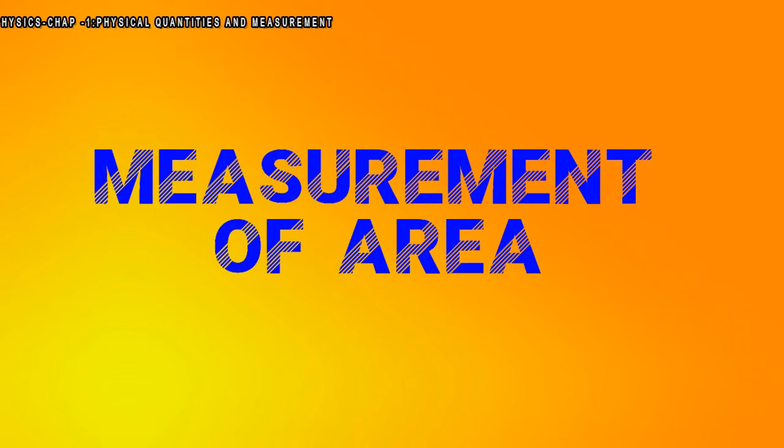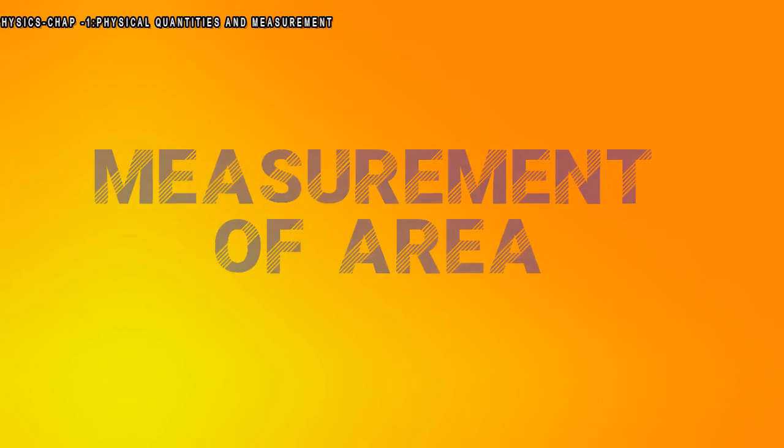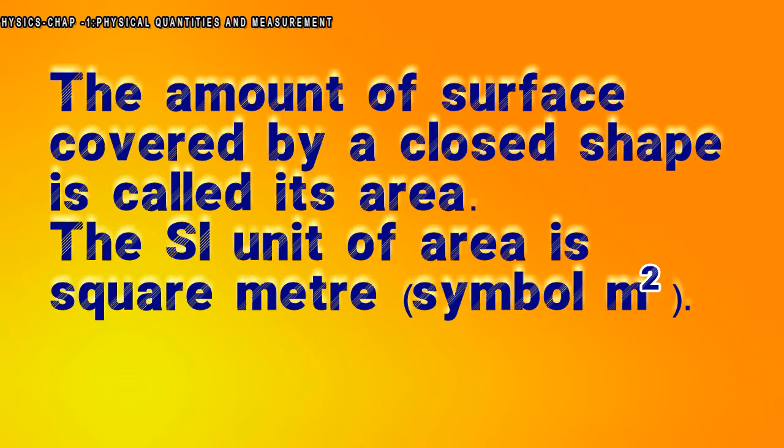Now the next topic is measurement of area. The amount of surface covered by a closed shape is called its area. The SI unit of area is square meter or meter square.